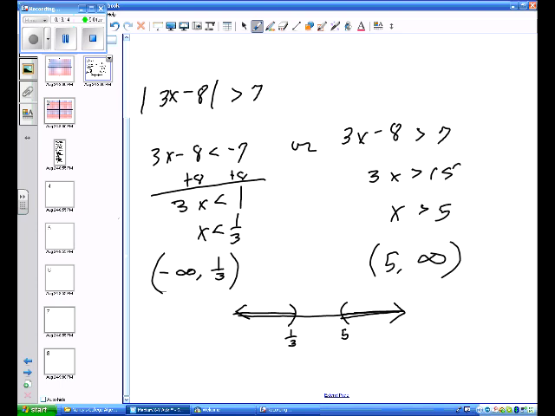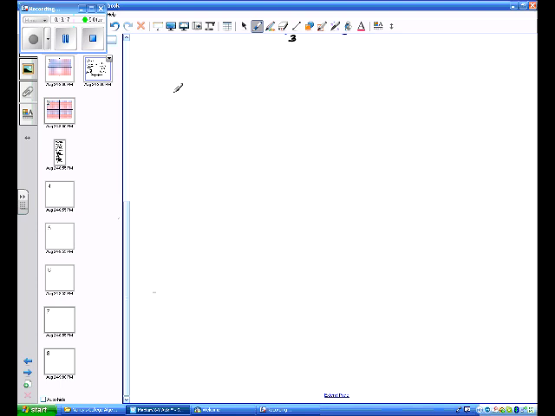Now, none of these had coefficients in front of our absolute value, so let's look at one that does. Let's say that we have negative 3 absolute value of x plus 7 is greater than or equal to negative 27. Now, we cannot distribute. This absolute value is not an operation. It's talking about a specific quantity. We cannot distribute this negative 3 into there. So we have to get rid of it, and to do that, we're going to divide both sides by that coefficient of negative 3.